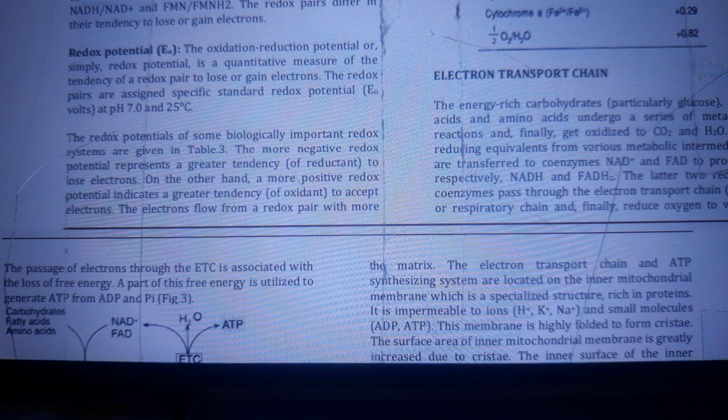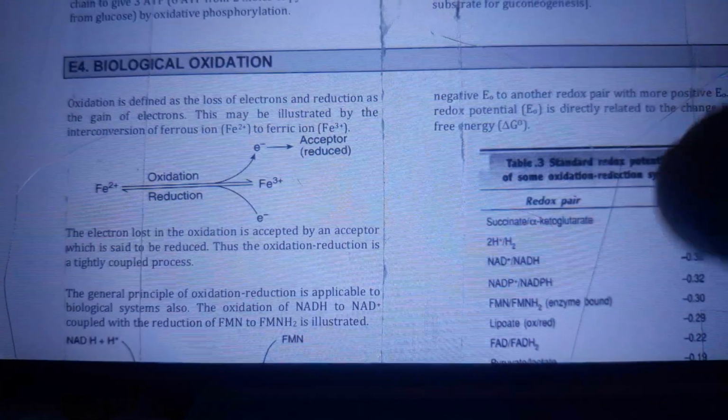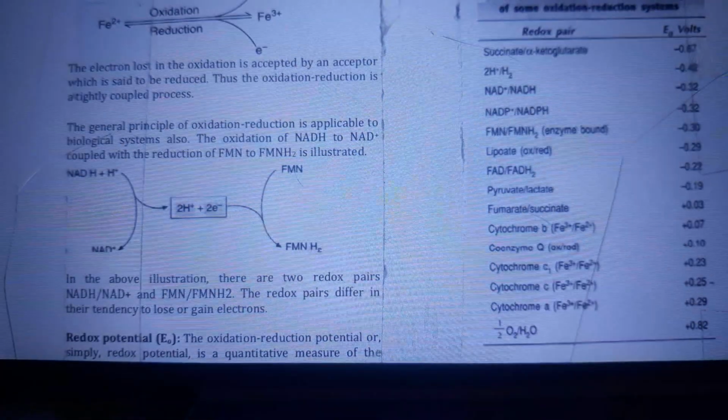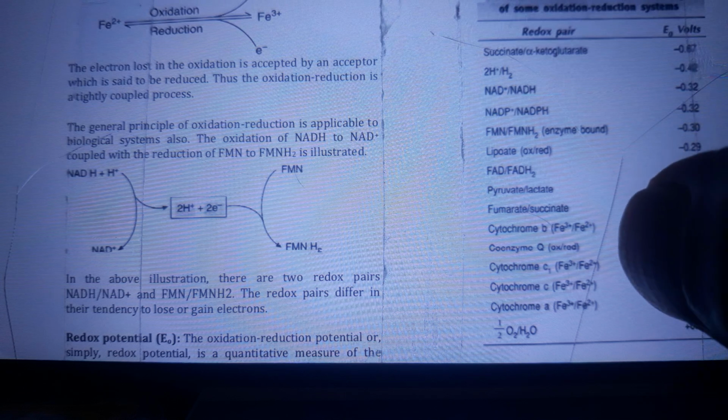The more negative redox potential represents a greater tendency of the reductant to lose electrons. On the other hand, a more positive redox potential indicates a greater tendency of the oxidant to accept electrons. The electrons flow from a redox pair with more negative E0 to another redox pair with more positive E0.